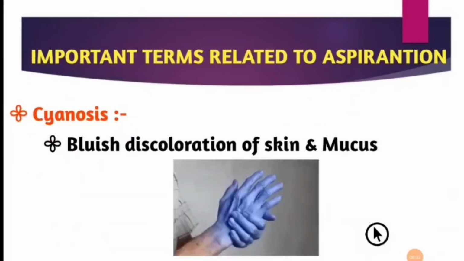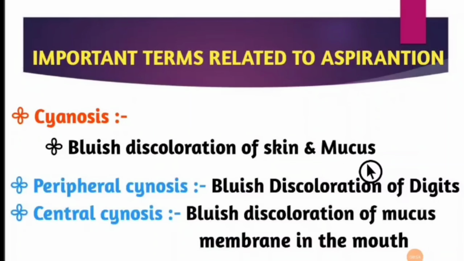Next one is cyanosis. Cyanosis means bluish discoloration of the skin and mucous membrane due to increased carbon dioxide. Cyanosis has two types. First one is peripheral cyanosis, second one is central cyanosis.